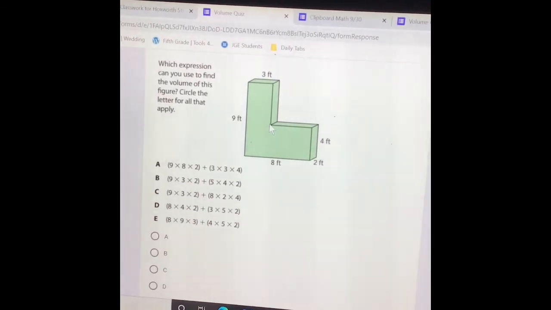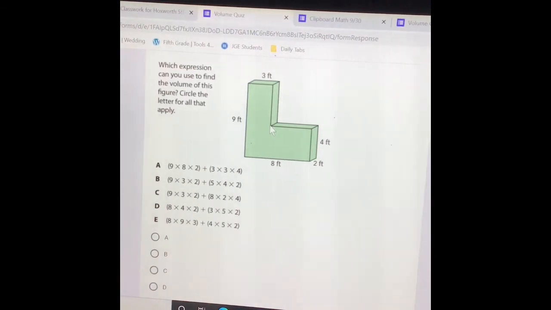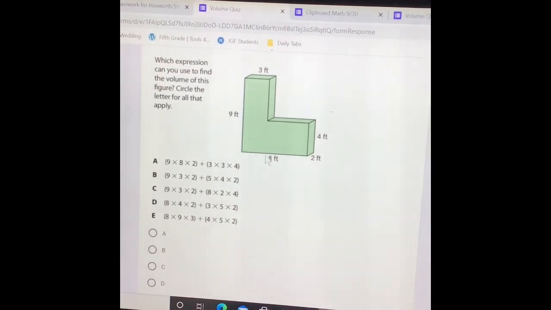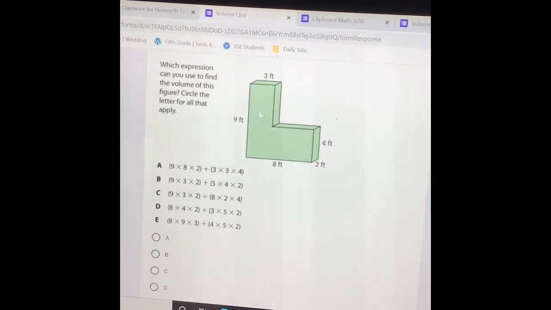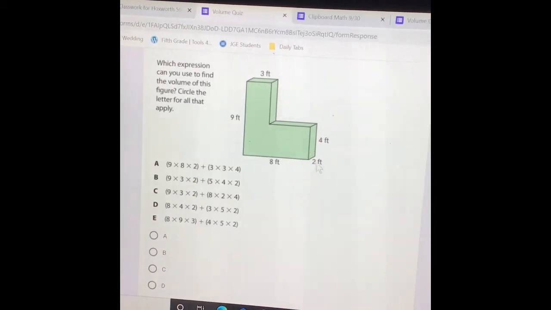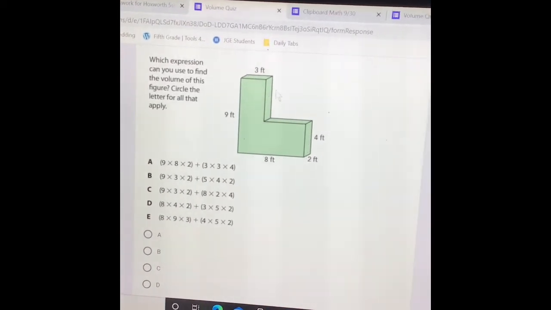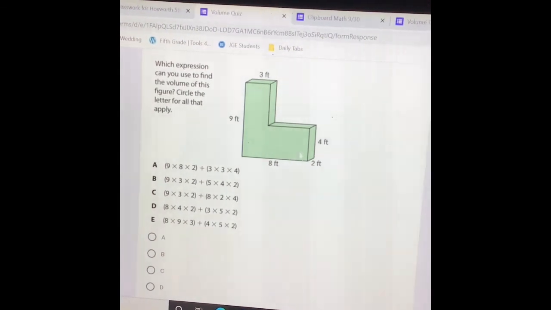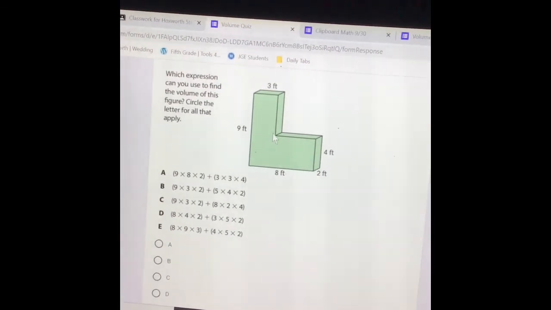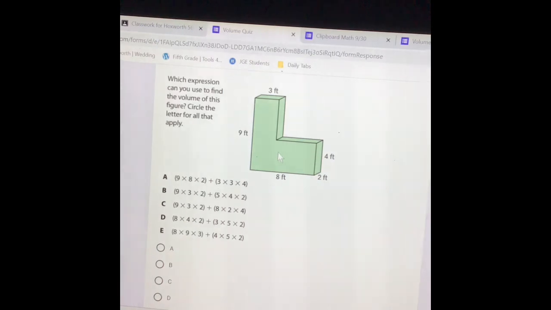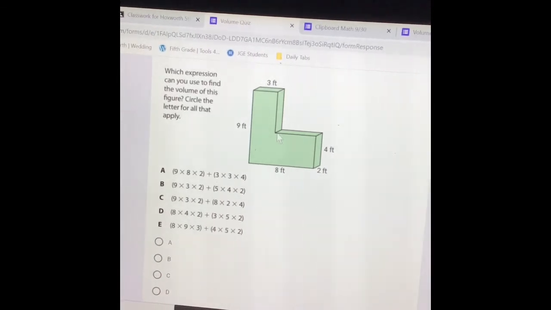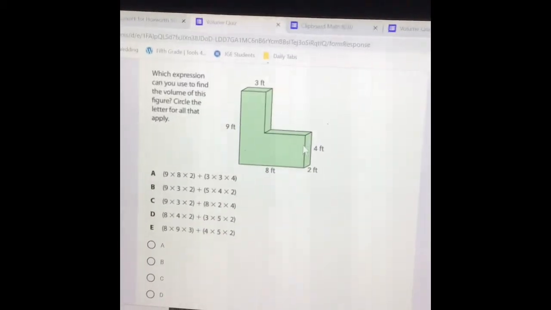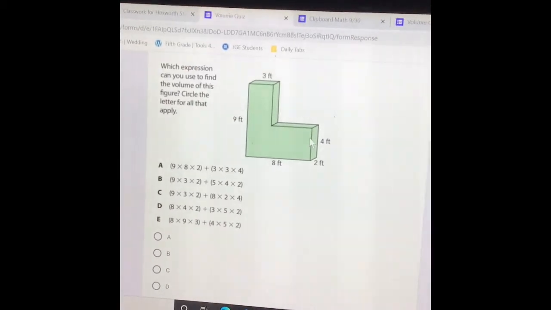We split this box straight down, and we had a 3 by 9 by 2, and this box had its very own dimensions because when we split this box in half, we had to figure out what that missing length was. I hope you were paying attention in class and get this one right on the very first time.